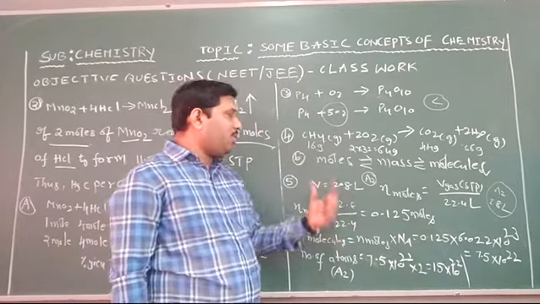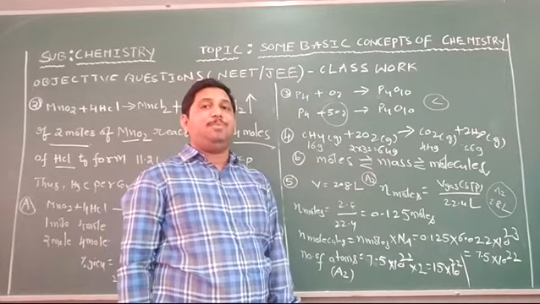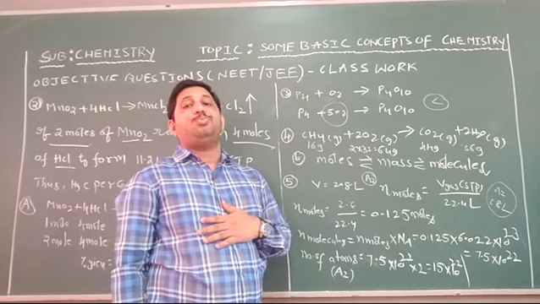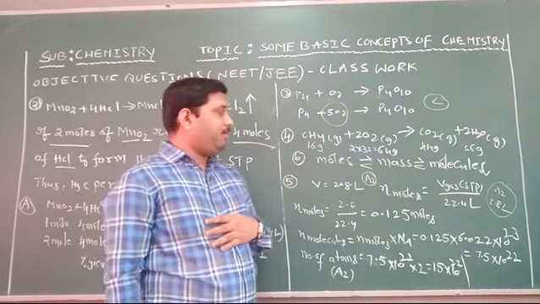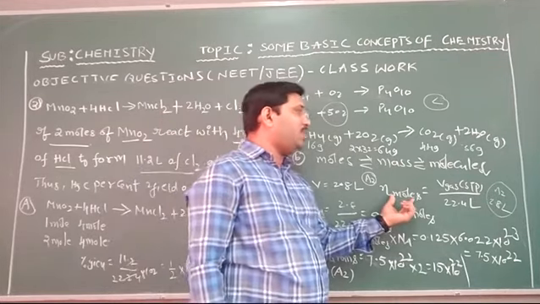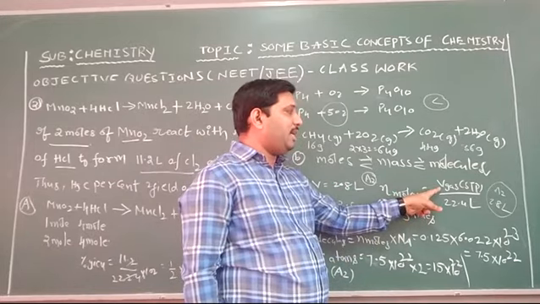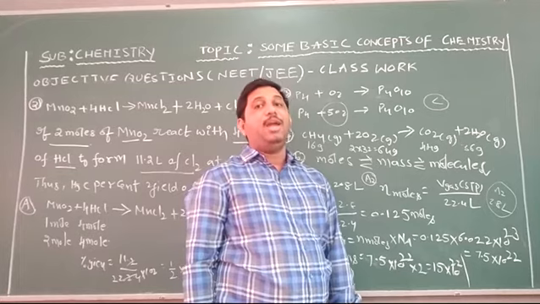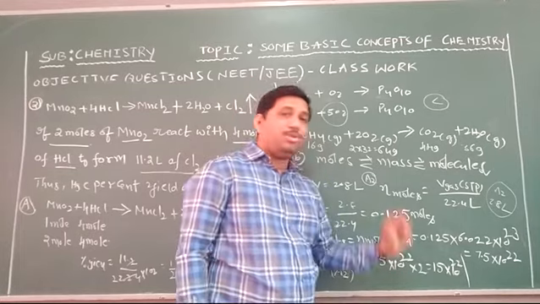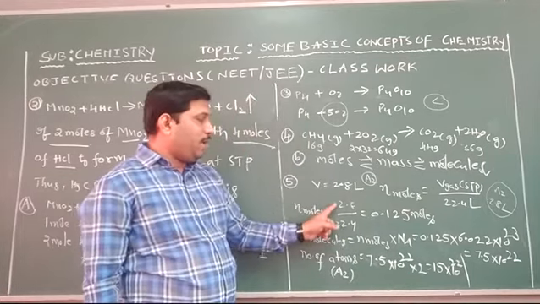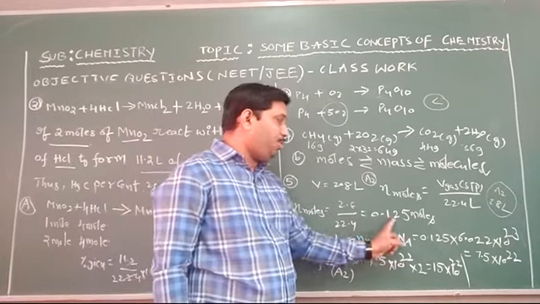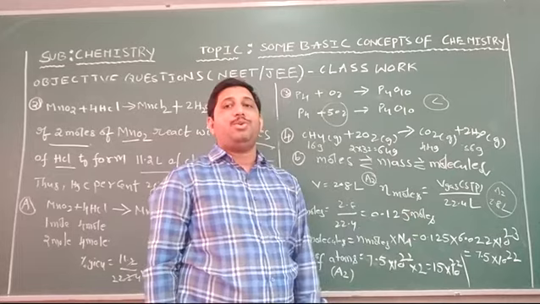Therefore, volume is equal to 2.8 liters at STP, standard temperature and pressure. Number of moles is equal to volume of the gas at STP divided by 22.4 liters. This is how much, students? 2.8 divided by 22.4 is equal to 0.125 moles.